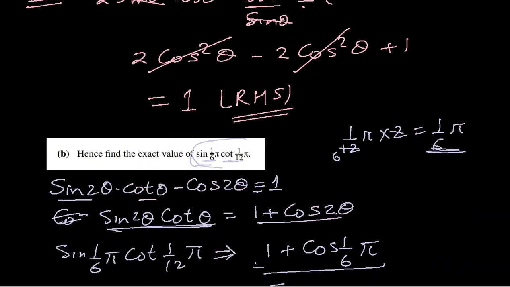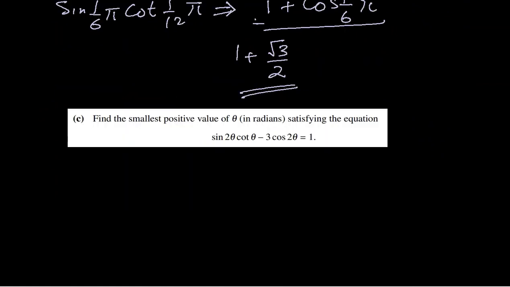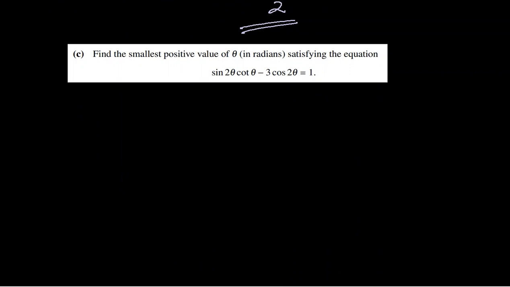But here it is not cos 2 theta, it is 3 cos 2 theta. So that means it is not an identity anymore, and they are asking us to find the smallest positive value of theta. Because in any identity, any angle will work. So there is no smallest, no greatest, every angle will work. Since this is not an identity anymore, we have to solve it.